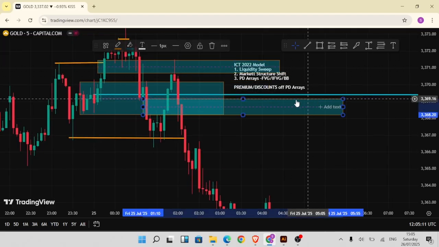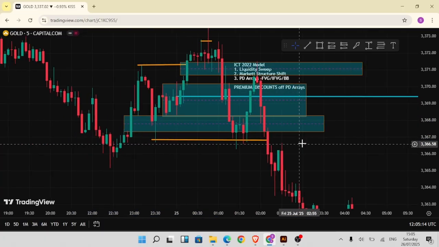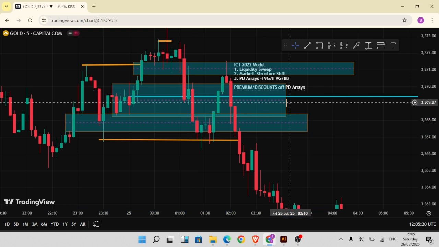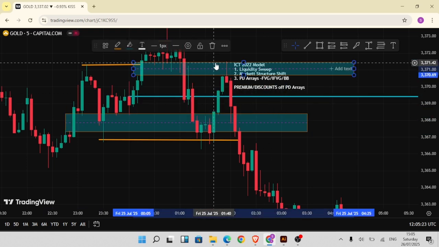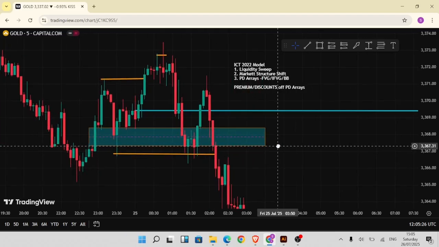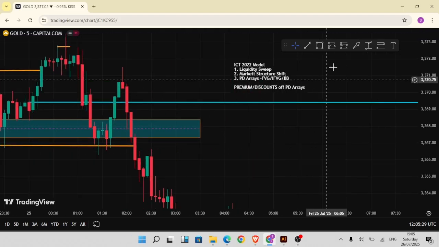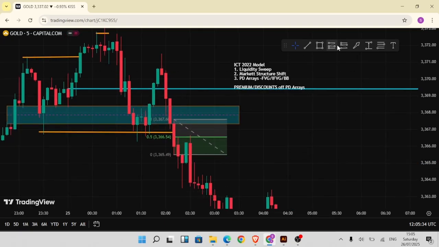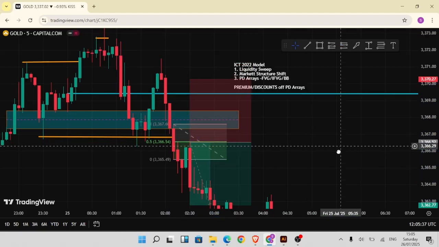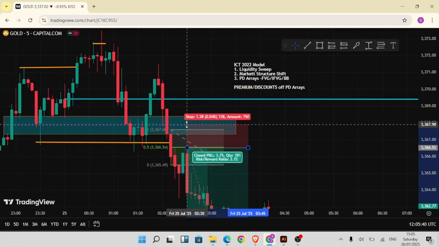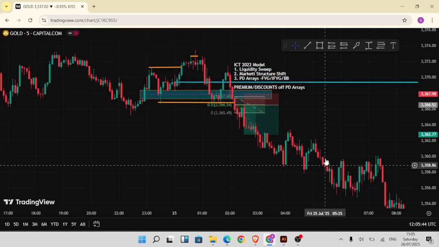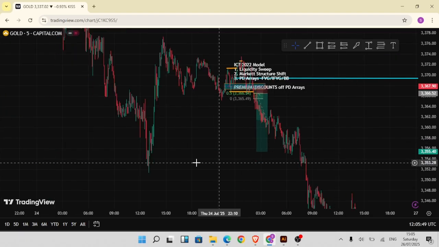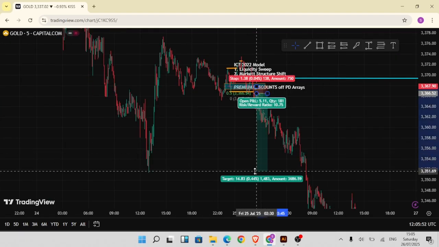Maybe we could have used this inverted fair value gap. Let me just delete everything else. And then we have this candle coming out of it, and then we take our entries at this equilibrium, stop loss there, and you want your 1 to 10R, or using market structure for take profits, you can take this.